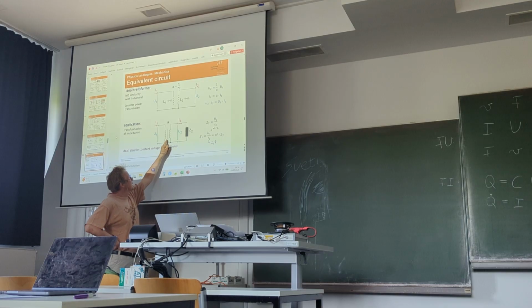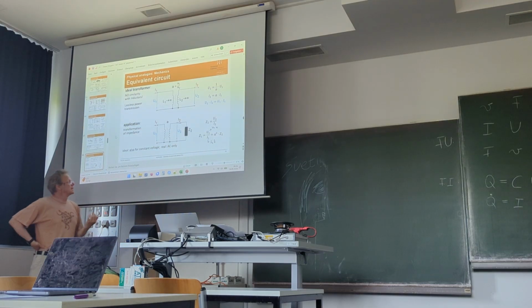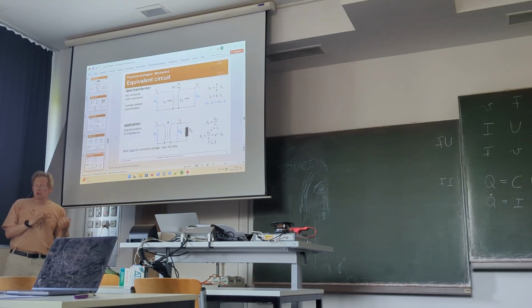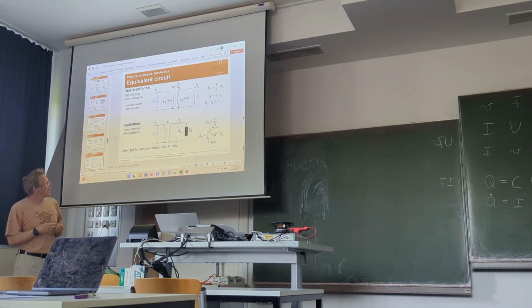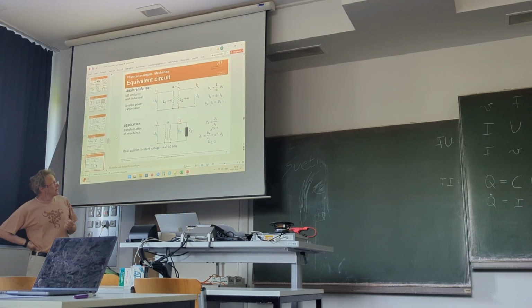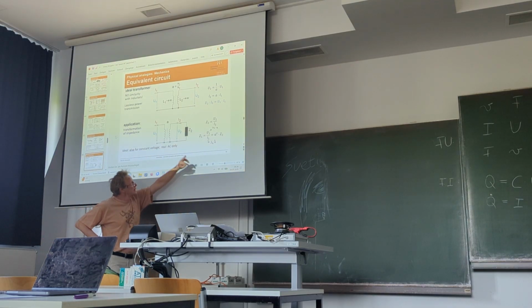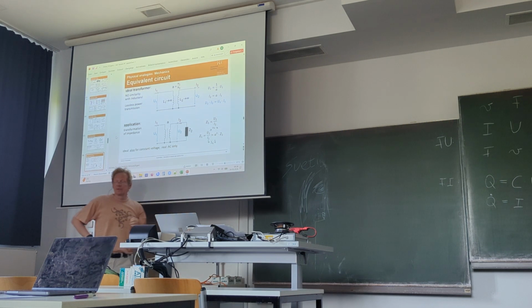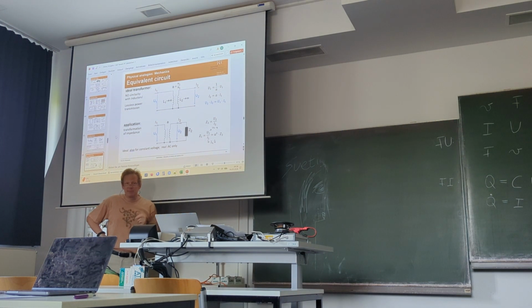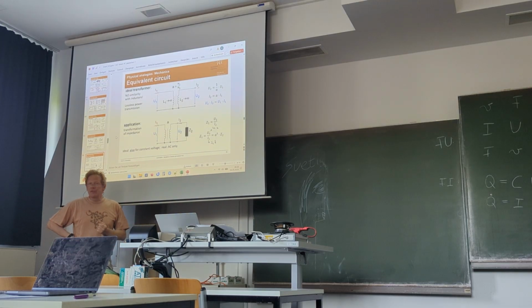And this factor comes from this transformer. It's the ratio of the windings. And if it's, let's say, factor 100, then you get the square of this, which is factor 10,000. So you could change the value of this impedance by 10,000.